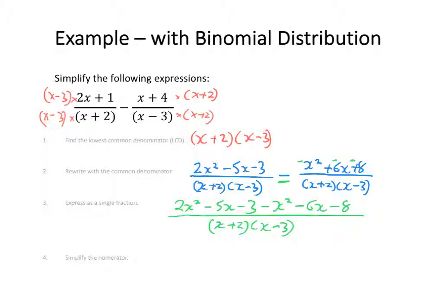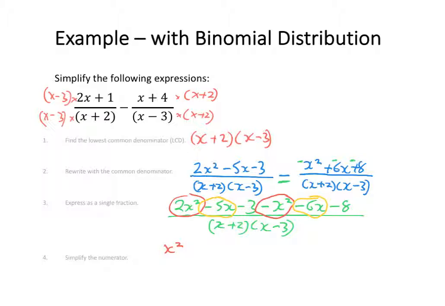I do that by collecting my like terms. So I have got a 2x squared minus an x squared. So that is going to equal 1x squared. Then having a look and seeing what else I have got. I've got a negative 5x and a negative 6x.